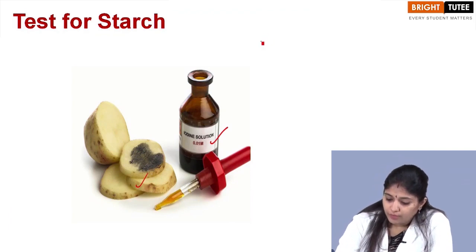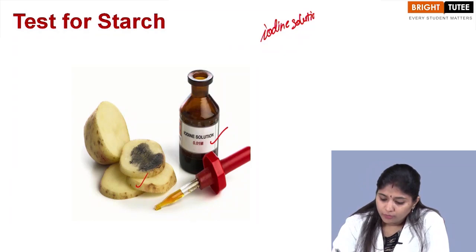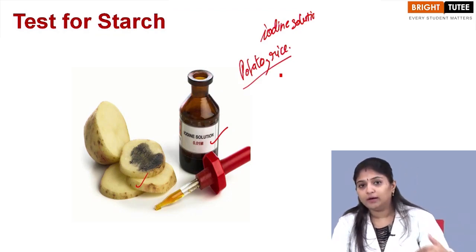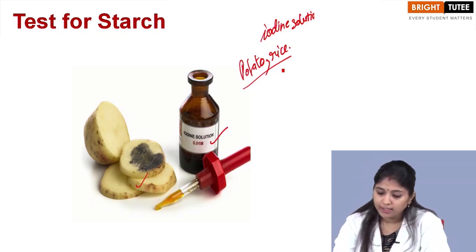First you prepare iodine solution. Once you have done that, take any food. We have depicted potato here, but you can take potato, you can take rice, correct? You can take them raw, or you can also take boiled rice or cooked potato, whatever you want.